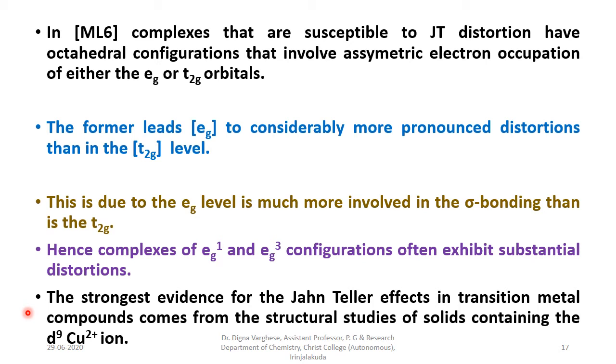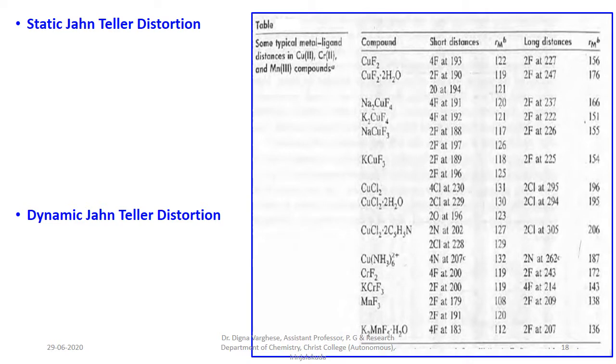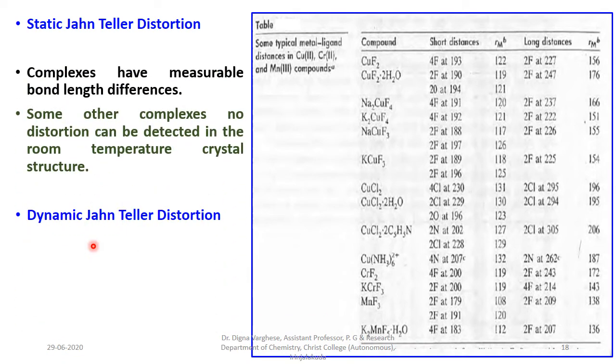The strongest evidence for the Jahn-Teller effect in transition metal compounds comes from structural studies of solids containing the d9 copper(II) ion. There are two types of Jahn-Teller distortion: static and dynamic. Complexes have measurable bond length differences.